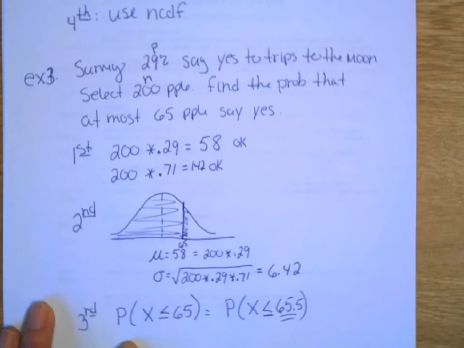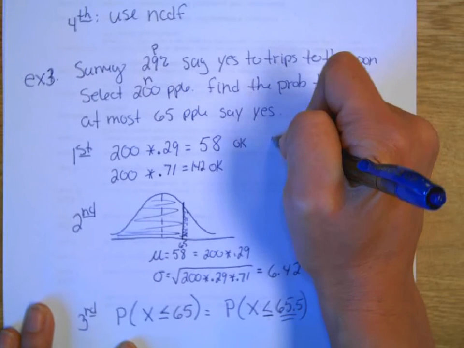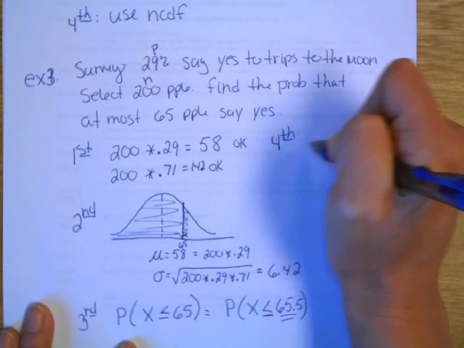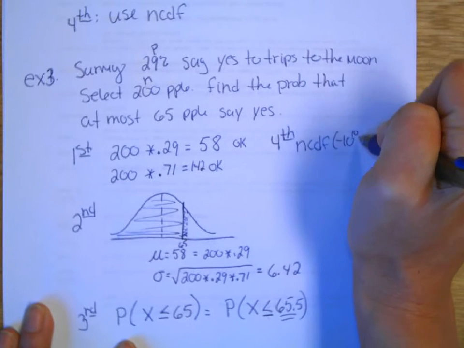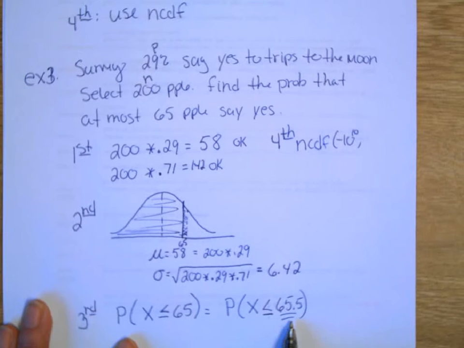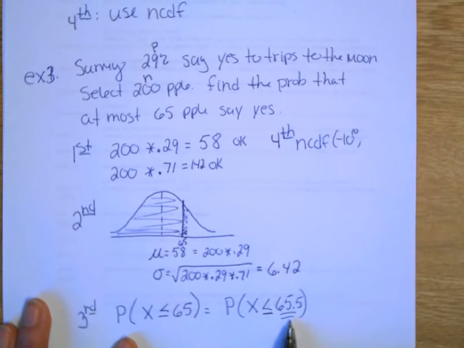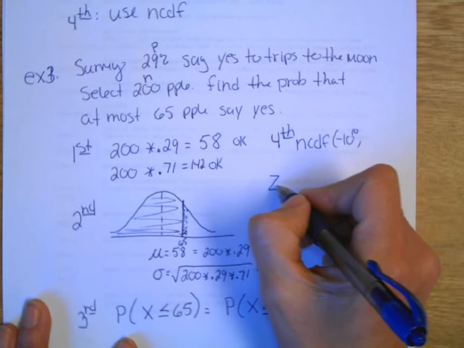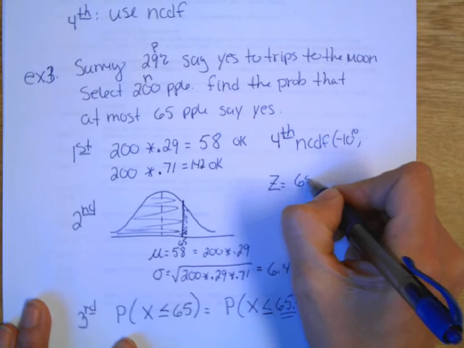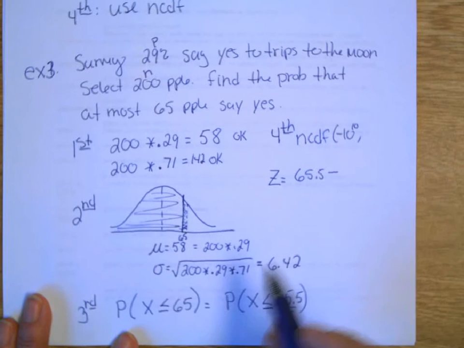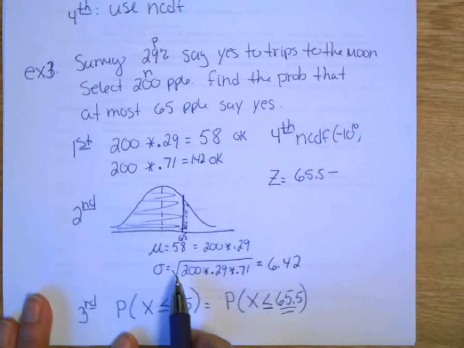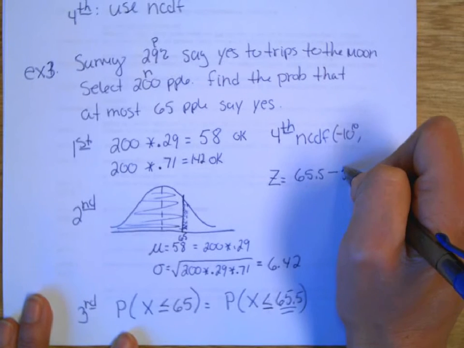So we're on our last step of using NCDF, but what do we got to feed NCDF? NCDF, we need the negative 10 to the 10th. And then I've got to turn 65.5 into a z-score. The mean of my distribution, if I look back at the graph, what's my mean? 58.